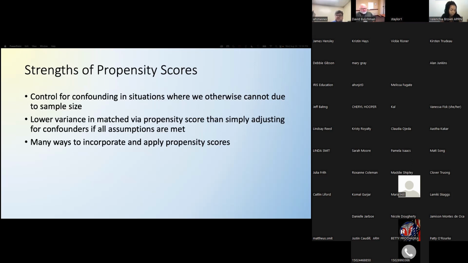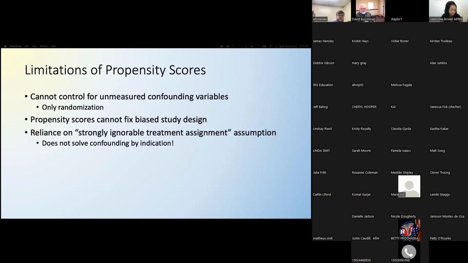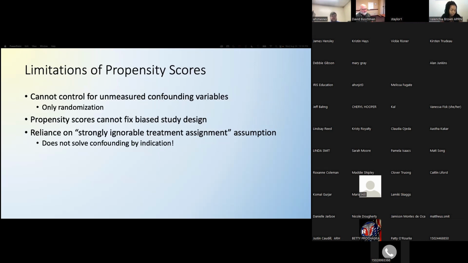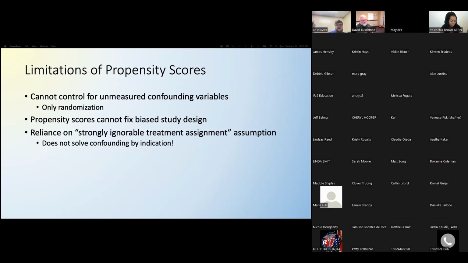Now, propensity scores do have some limitations. The largest one is that because it's not randomized, there have been a couple of studies with sensationalist titles where they say things like, mimicking randomization for an observational study.